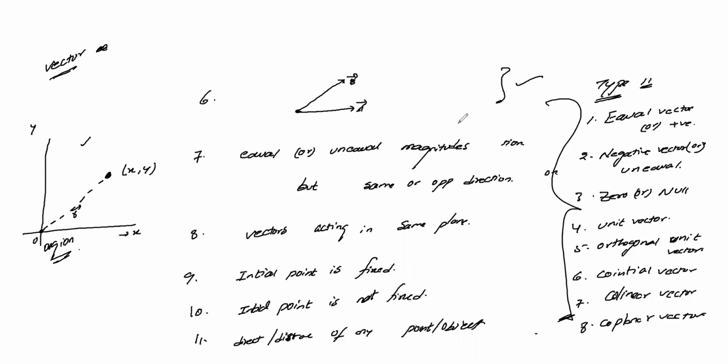There are two things here: addition of vectors. For the addition of vectors, there are three methods. The first one is the triangle law of vector addition.